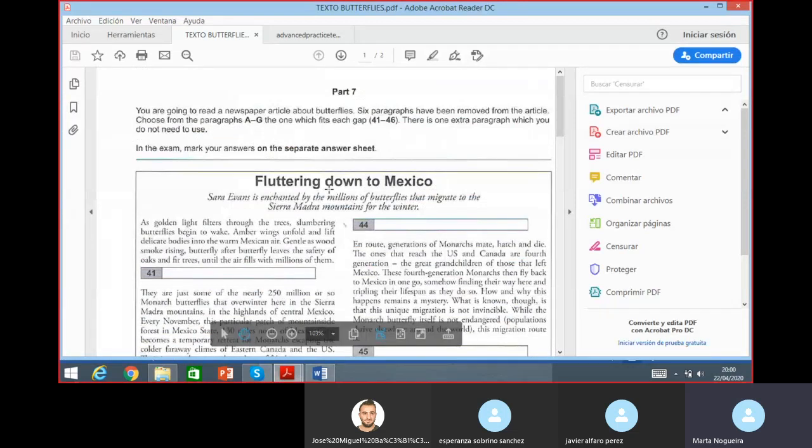To flutter means aletear, okay? And fluttering down means que bajan, van a México. Entonces es como que bajan from US. This is the down. No es que sea un phrasal verb, que sea flutter down, no. Es flutter where? Down to Mexico.